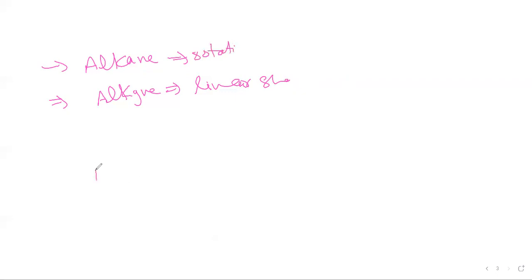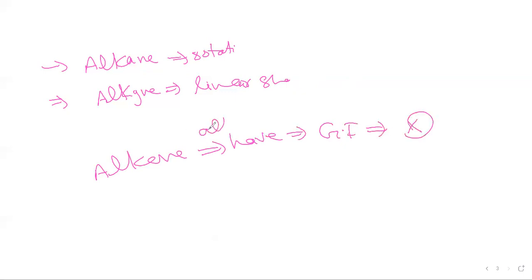Okay, so now the question is, do all alkenes have geometric isomers? The answer is no. I repeat, do all alkenes have geometric isomers?